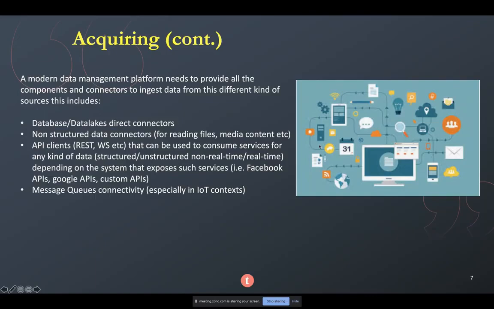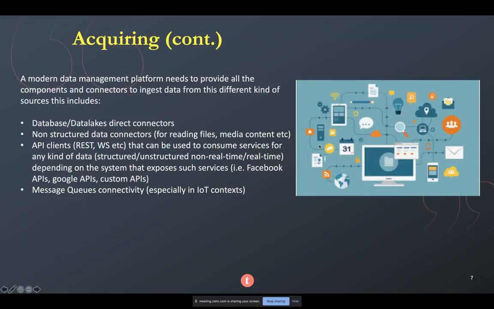Imagine if you need to read, for example, streams that are coming from cameras in the airport. Then API clients. This is a very important part, because starting, I would say, about 20 years ago, we started with web services and then REST APIs.